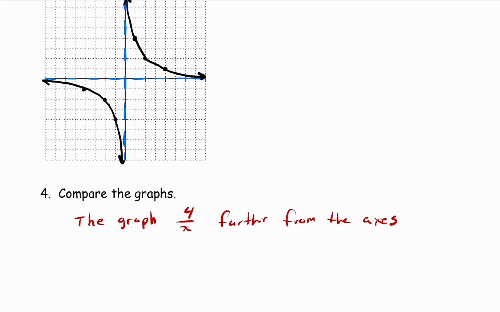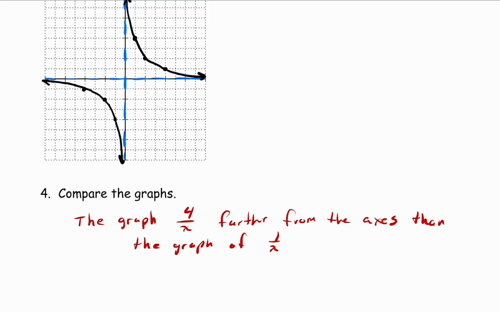That's what multiplying, increasing the size of our a does. So we've increased our graph, making it bigger. And so it's further from the axes than the graph of 1 over x. It's exactly 4 times further away.